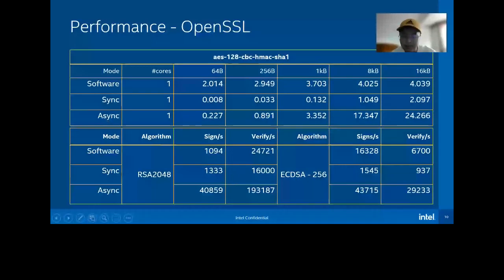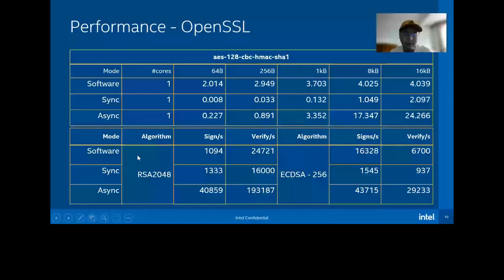We can see that at 16 kilobytes, we get about 6 times better performance. So QAT is much faster than running only on the CPU in software.